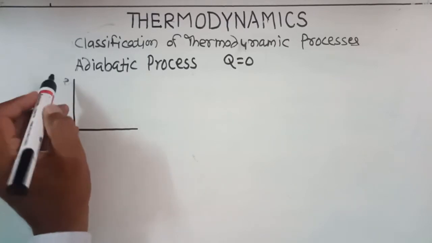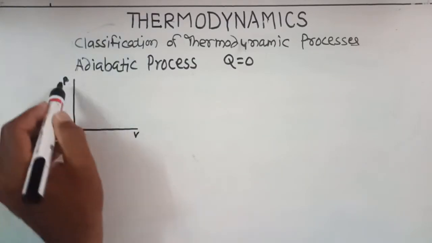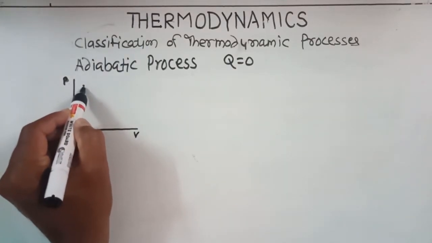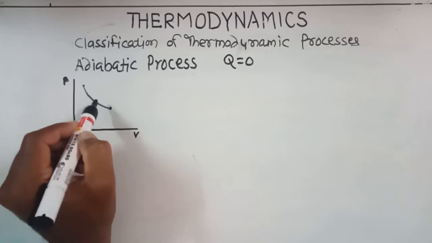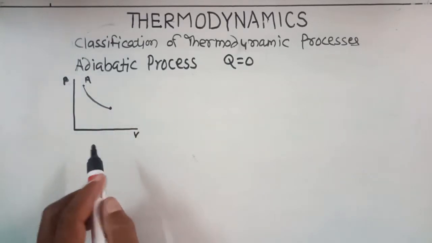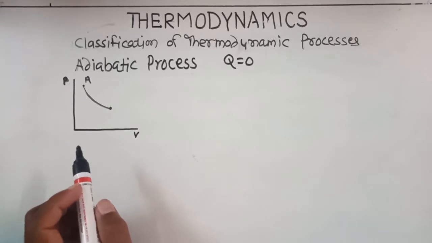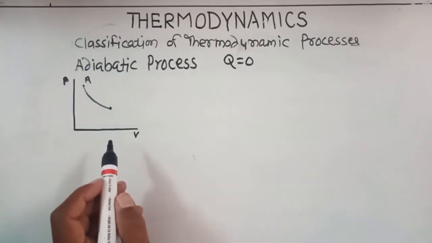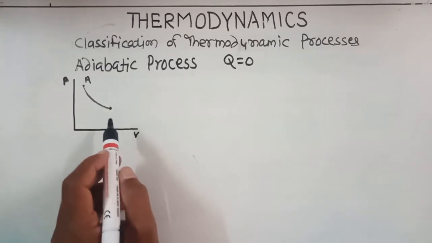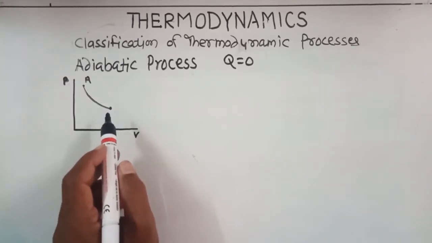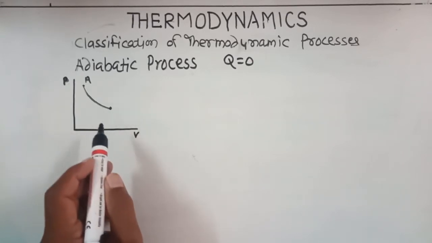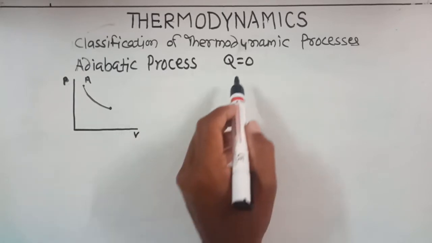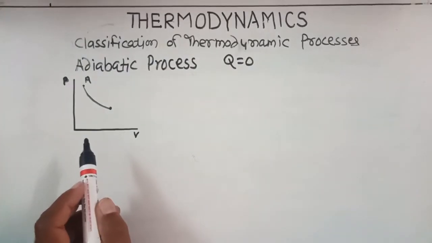Now let us see here the PV diagram. This is the pressure axis, this is the volume axis, and suppose this is the initial state. Now the final state, in the final state the volume is increased, meaning there is expansion of gas. When there is expansion of gas, this system does work on the piston, and when this system does work on the piston, no heat enters the system to do that work.